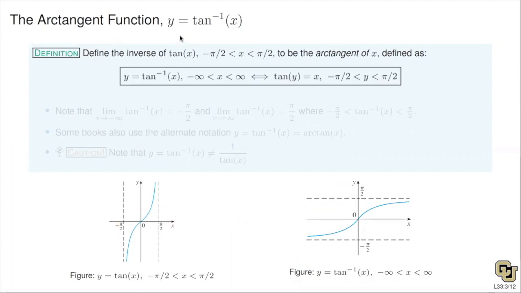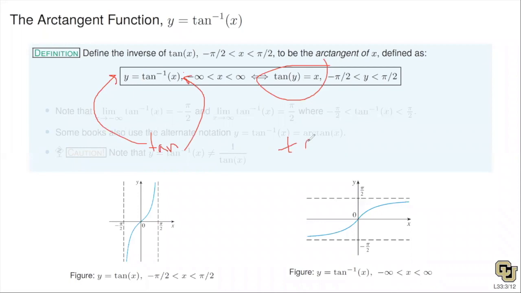So here's the arc tangent. We say y equals arctan of x if and only if tan of y equals x. And again, just to really bug you about this, if I apply tangent on both sides, that gets me to tan y equals x.